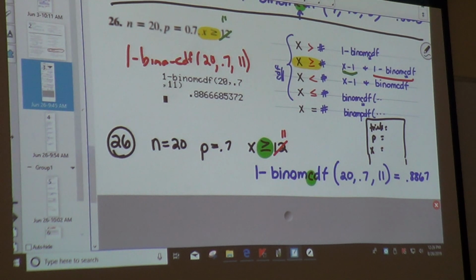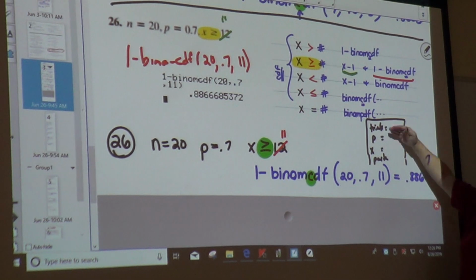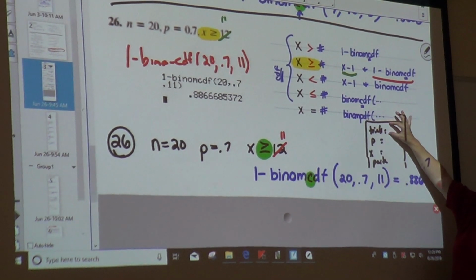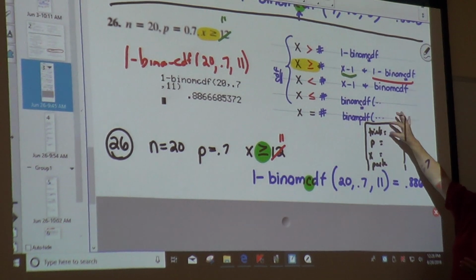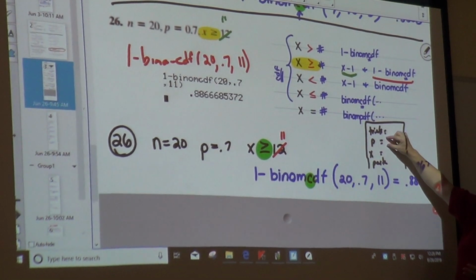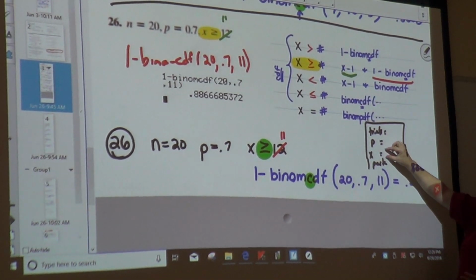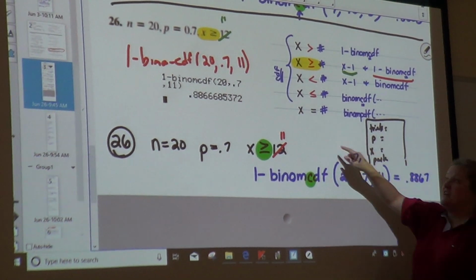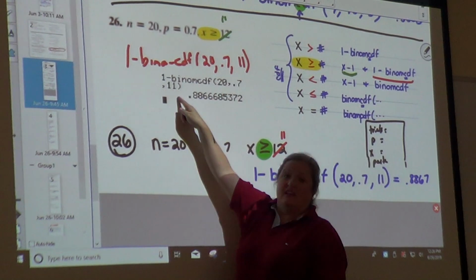Paste. So, when she did second binomial CDF, it came up and looked like this. She had to put her trials in there, which is the 20, and then come down here and put her 0.7, and then her 11, and when she hit paste, it sucked it in here.